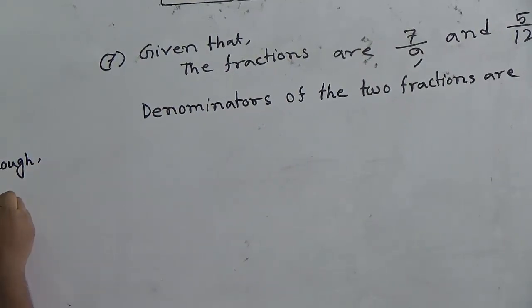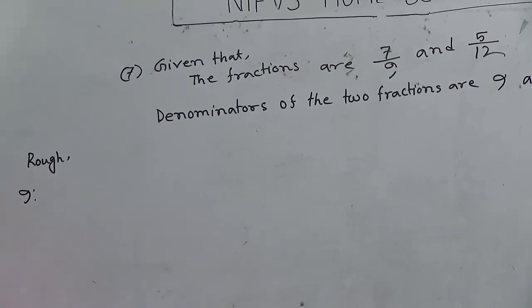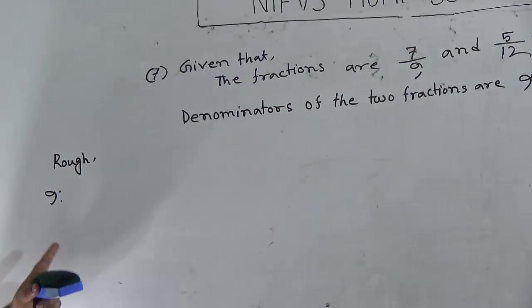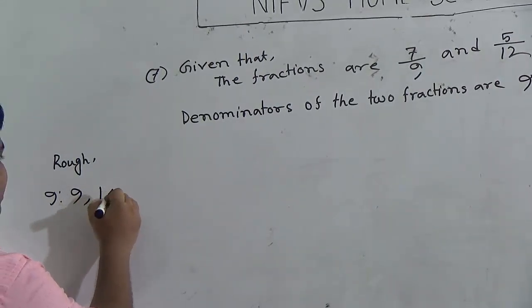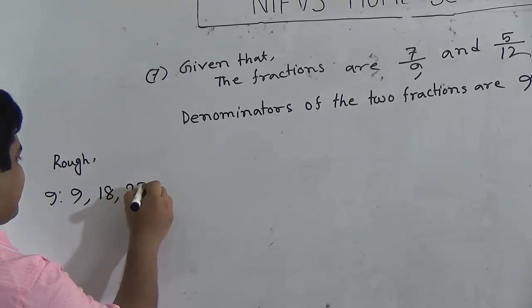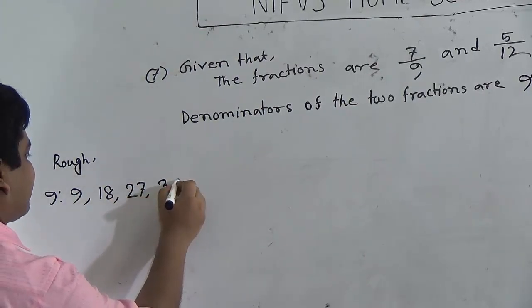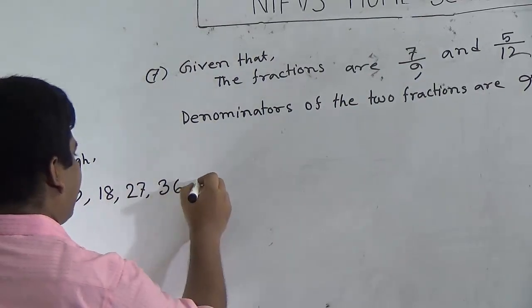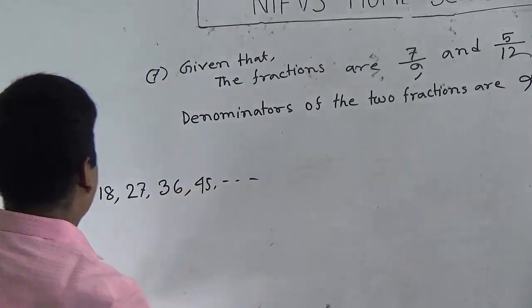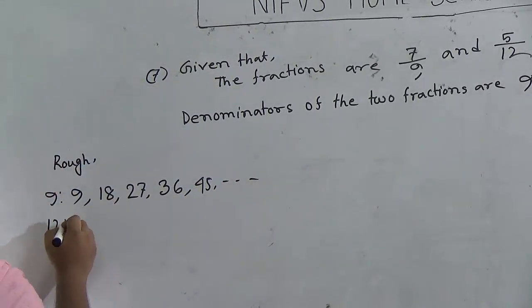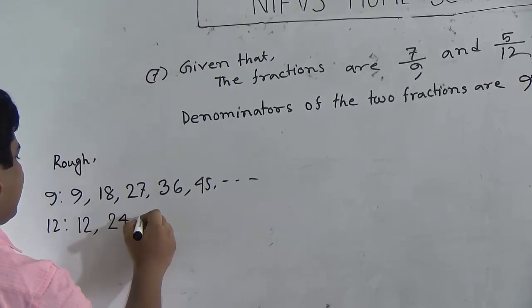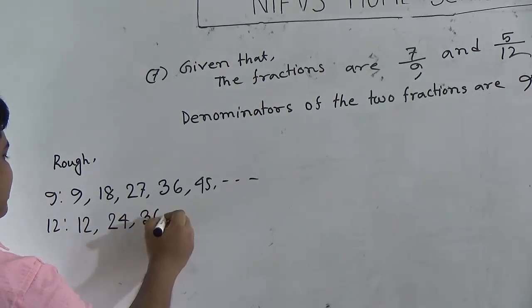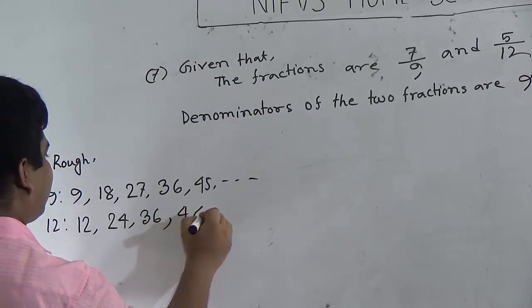LCM means at first we find the multiples of 9. 9 ones are 9, 9 twos are 18, 9 threes are 27, 9 fours are 36, 9 fives are 45. And 12: 12 ones are 12, 12 twos are 24, 12 threes are 36, 12 fours are 48.